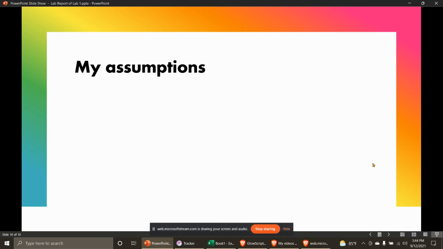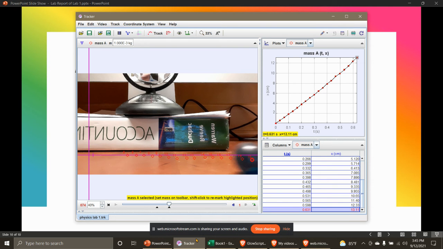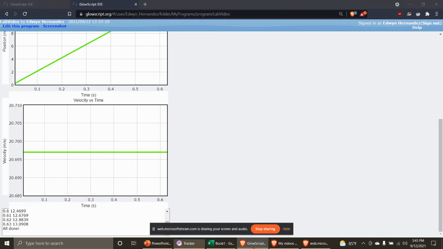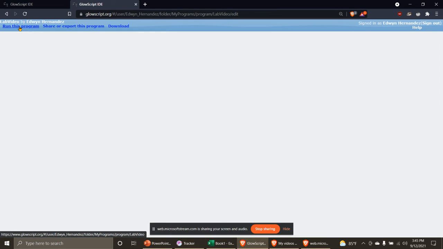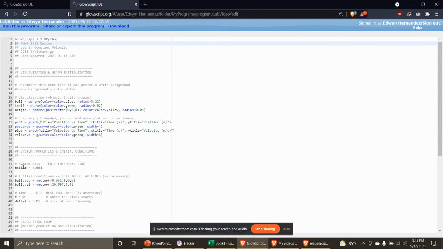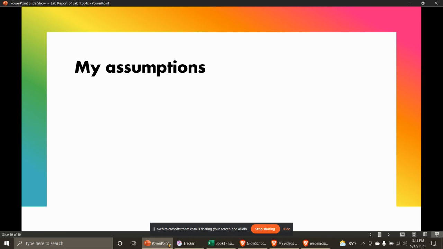That's why in the code and in tracker, as you can see, I have 1.0e-3 kilograms, and in my GlowScript, you can see that my ball.m, the system mass, is 0.001 kilograms, and it's the same in my second code.